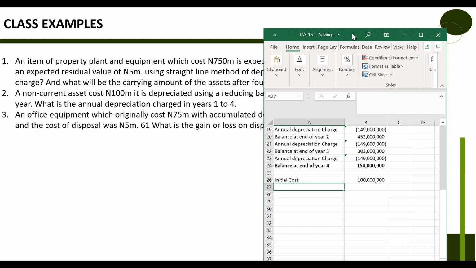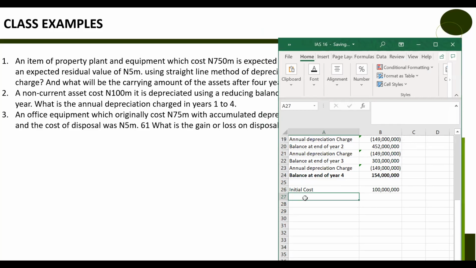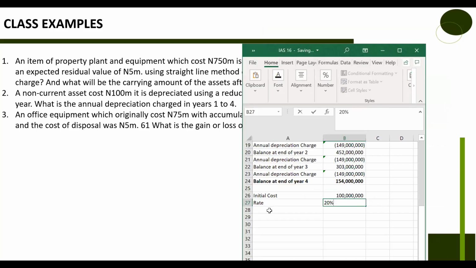It is using the reducing balance method at the rate of 20%. So we write rate, 20%. What is the annual depreciation charge in years 1 to 4? Annual charge for year 1 to 4.